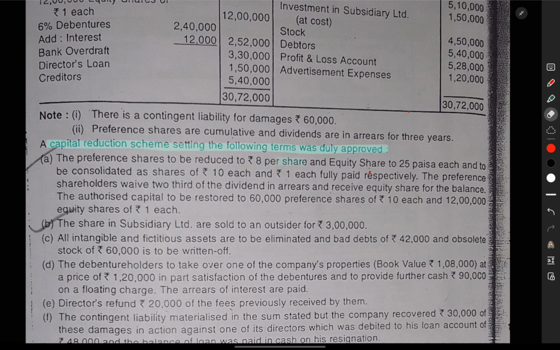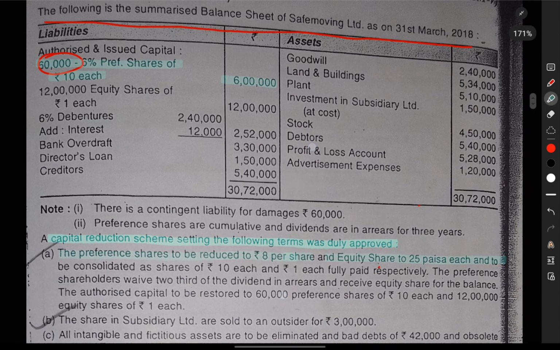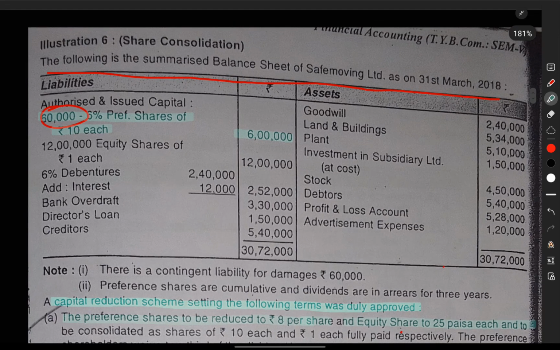Next part of the adjustment, and equity shares to 25 paisa each. 25 paisa means 0.25 rupees. So we have 12 lakh equity shares of rupees 1 each.